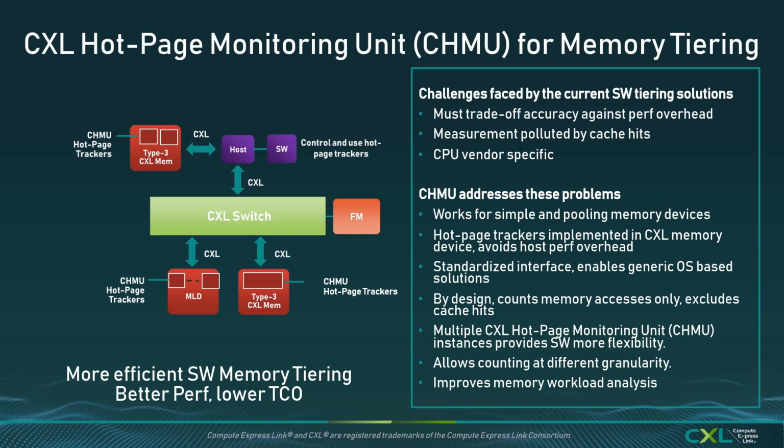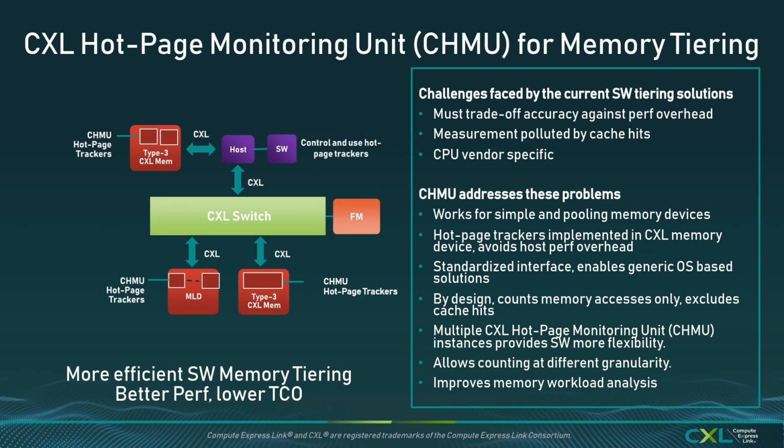And this was a really tough trade-off to make. But if they went for a really low performance overhead option, then they got terrible accuracy, and the effectiveness of the tiering solution went down quite a bit.